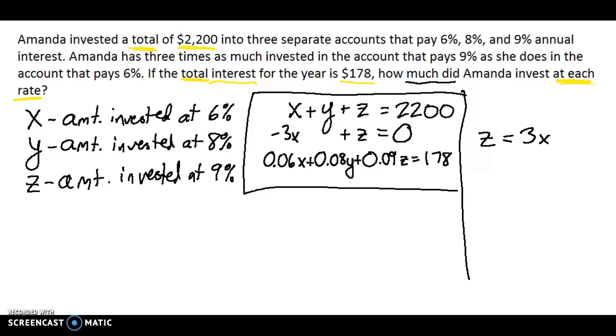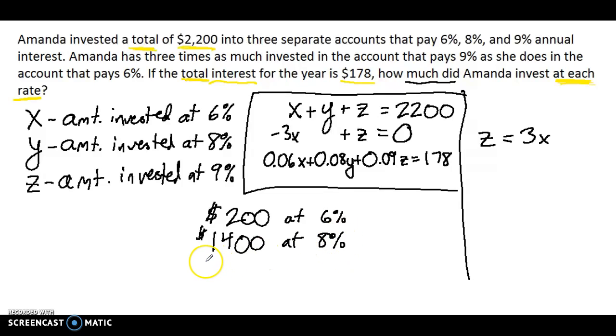Now, as I said, we've got a system, but we're not going to solve it here. I'm going to leave that as an exercise. However, to help you out, the solution to this system should be: we invested $200 at 6%, $1,400 at 8%, and $600 at 9%.